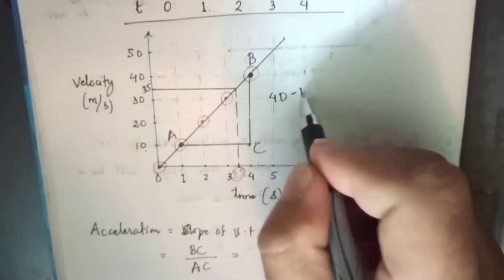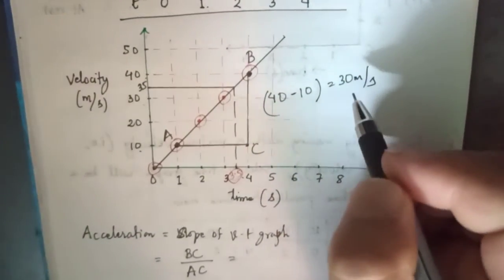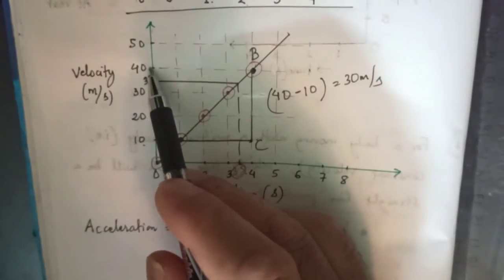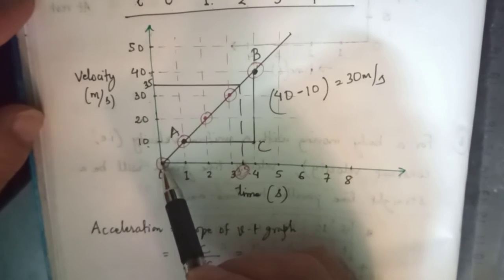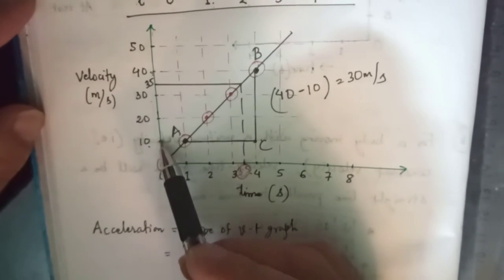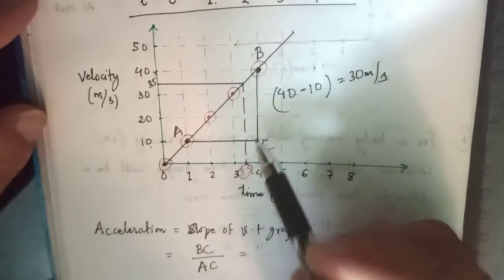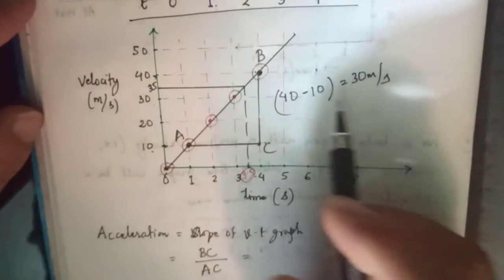So you will get 40 minus 10, that is 30 meter per second. From 0 to here is 40, and from here to here the value is 10, so you need to calculate only this much. It will be 40 minus 10, which gives you 30 meter per second.